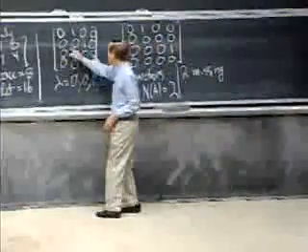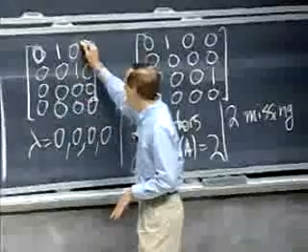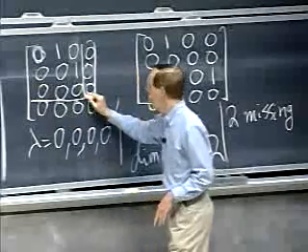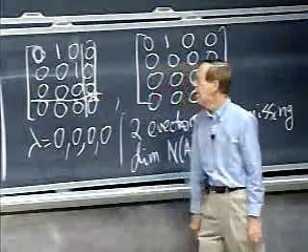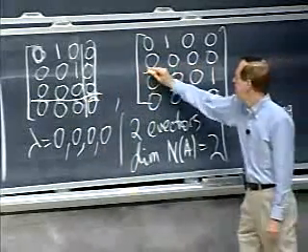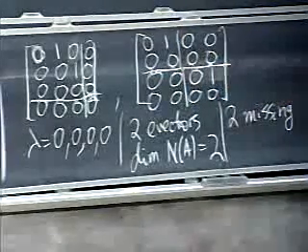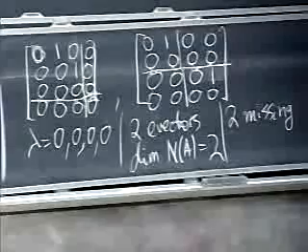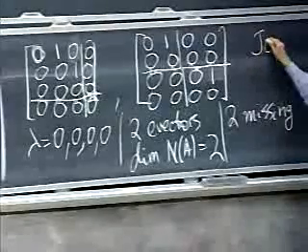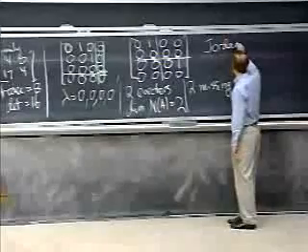See, this is like a little 3 by 3 block and a little 1 by 1 block. And this one is like a 2 by 2 block and a 2 by 2 block. And those blocks are called Jordan blocks. So what is a Jordan block?